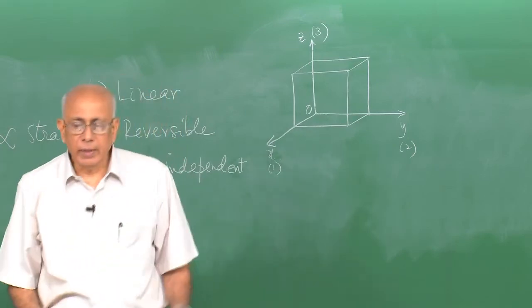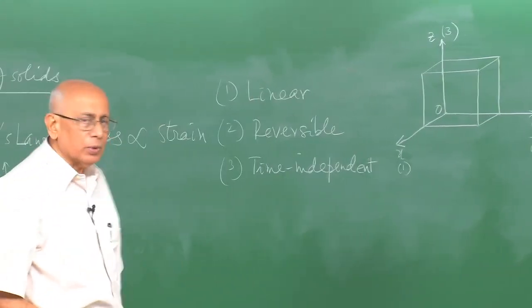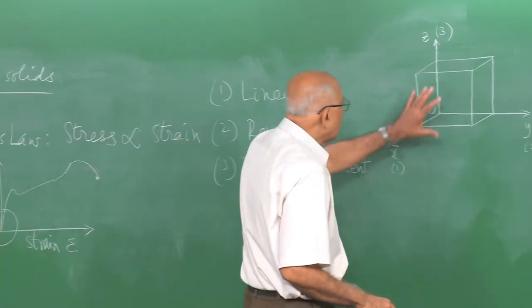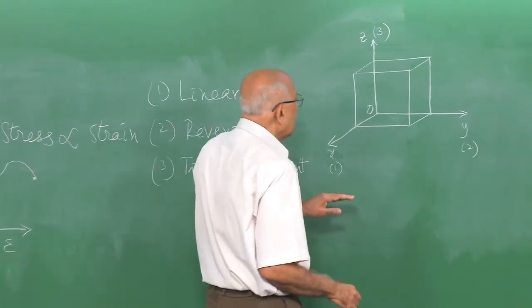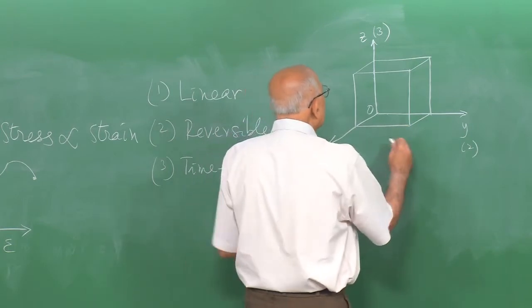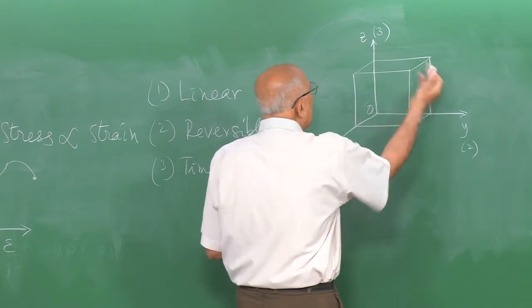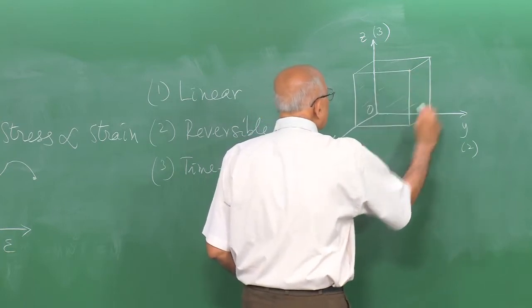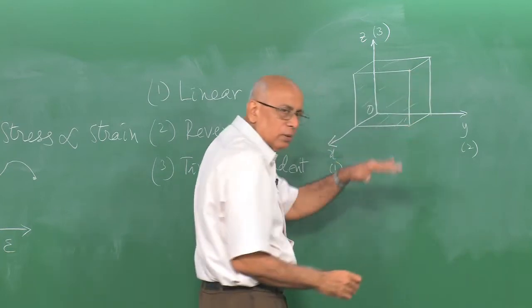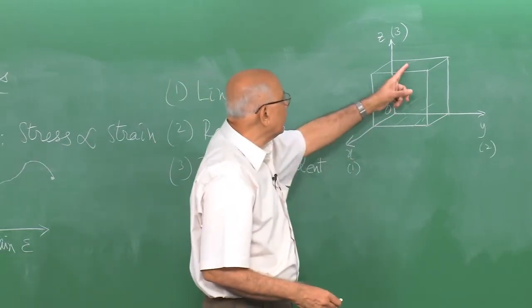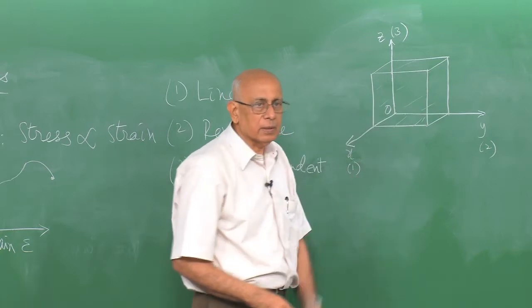It is much more convenient to label them as 1, 2, 3, and then we are very clear as to what we mean. Now imagine this unit cube of this material, and imagine holding three of the faces fixed. So this face, the side face, the back face, and the bottom face are stuck to the coordinate axis, they are fixed, and whatever stress I apply will be applicable on the other 3 faces here.